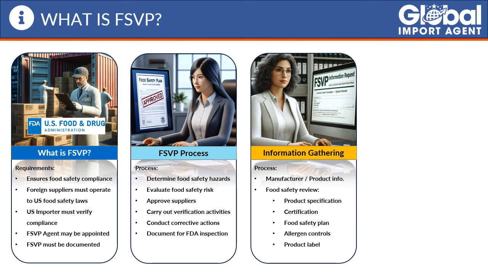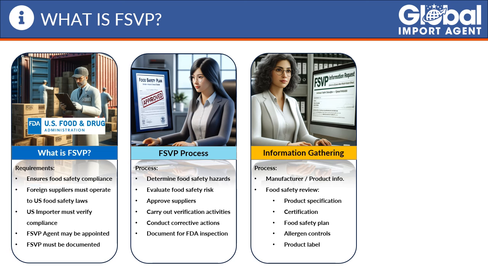The process begins with information gathering and the manufacturer, in other words the foreign supplier, must provide product information, and specifically the food safety information related to the product must be provided for assessment by a qualified individual.